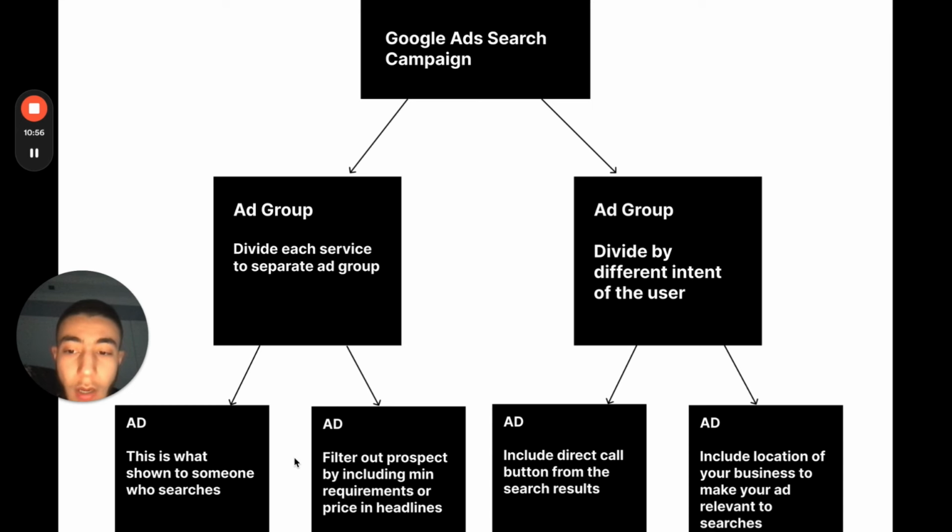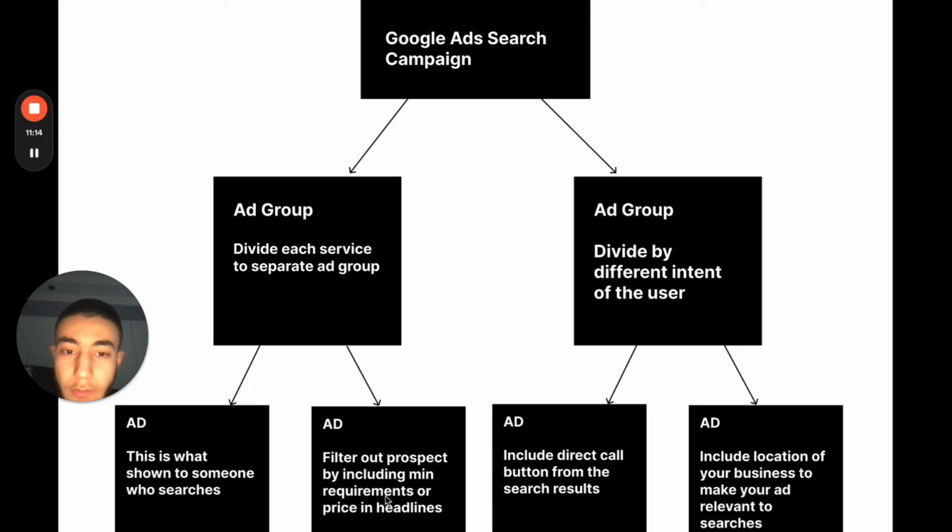Now, with the ads, we're going to filter out the people who want our services and who are not the fit for our service. For example, we can change the headlines of the ad.